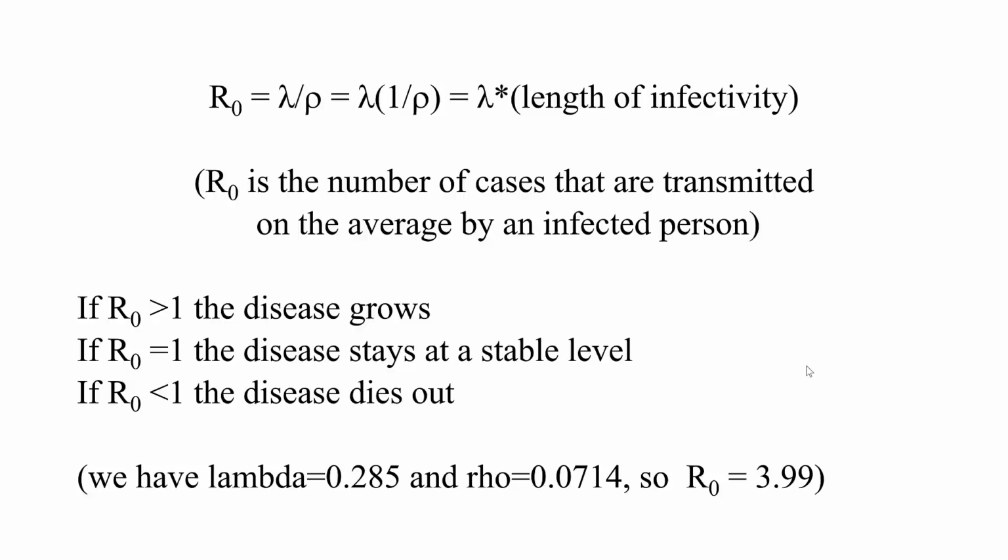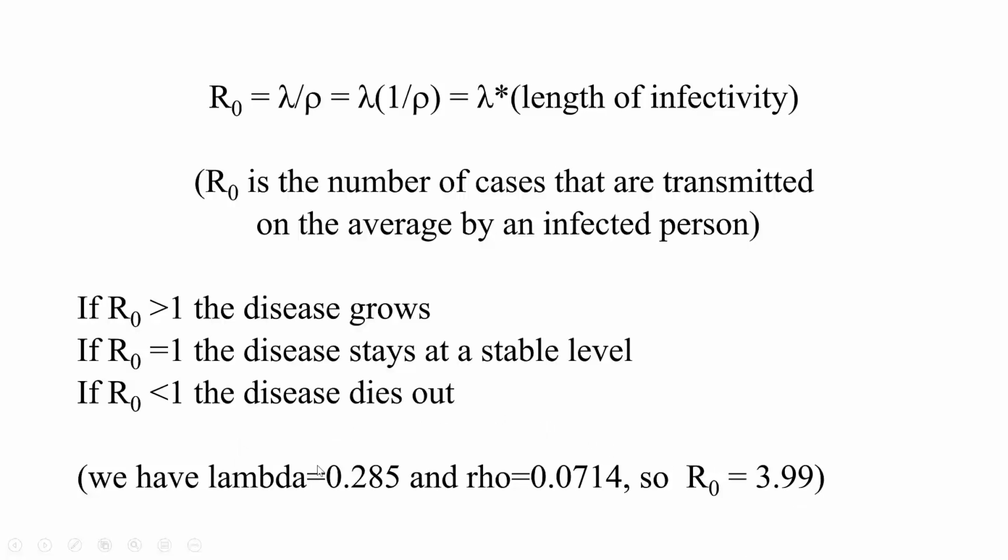And so this is the number of cases that are transmitted on the average by an infected person, or contacts adequate to transmit. So the theorem that we usually prove mathematically is that if R0 is bigger than 1, the disease is growing. If it's equal to 1, the disease is stable. If it's less than 1, then the disease dies out.